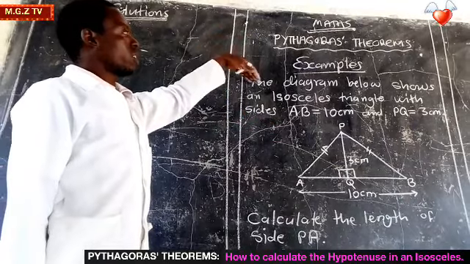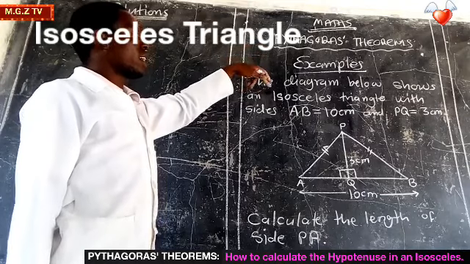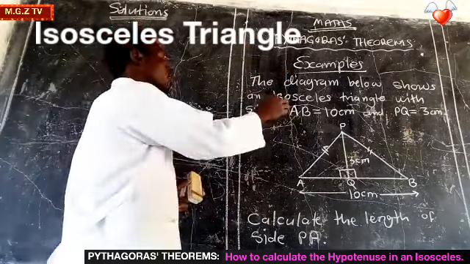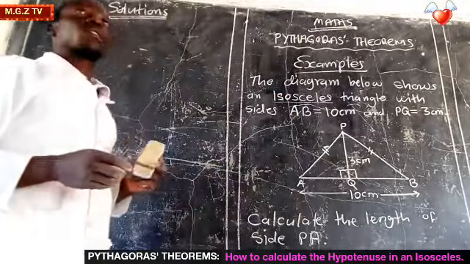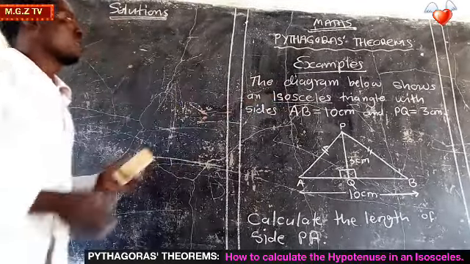So, we read first here. The diagram below shows an isosceles triangle. When you hear the word isosceles, let all the properties of an isosceles triangle come into your mind.